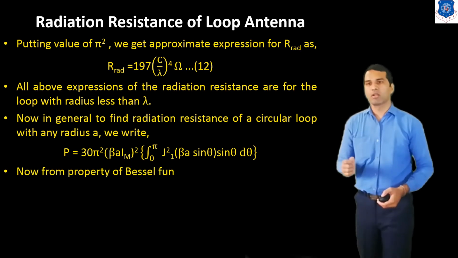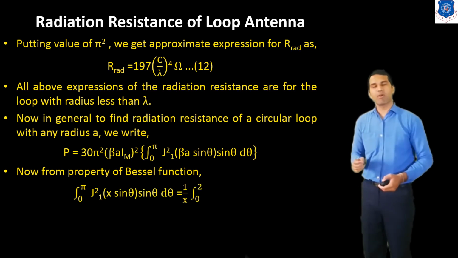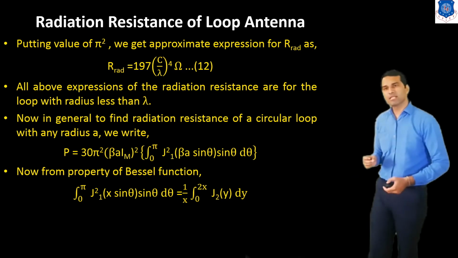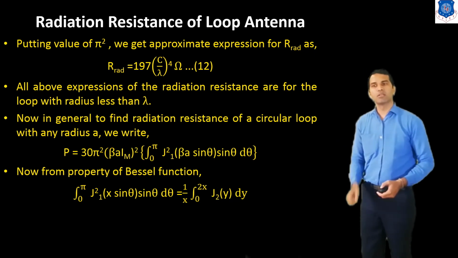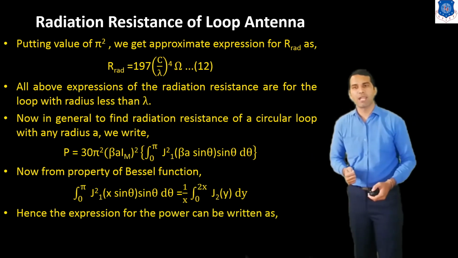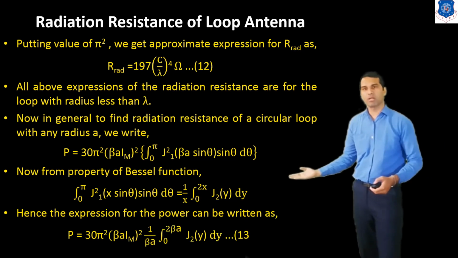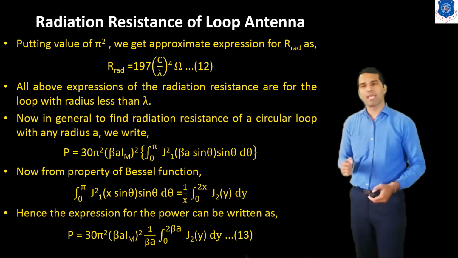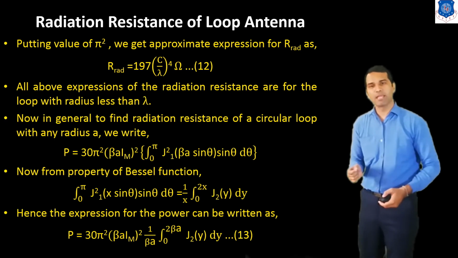Now, for the property of the Bessel function, integral 0 to pi J1 square (x sin theta) into sin theta d theta, we can write the Bessel function as 1 upon x integral 0 to 2x J2(y) into dy. So hence by using this property of the Bessel function, P is equal to 30 pi square beta a Im square (1 upon beta a) integral 0 to 2 beta a J2(y) into dy.